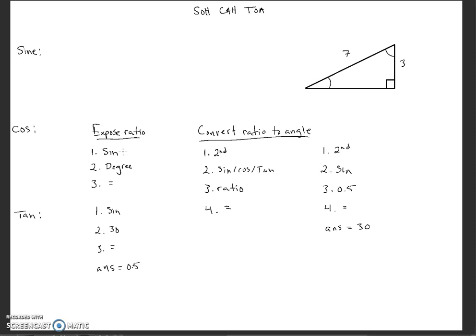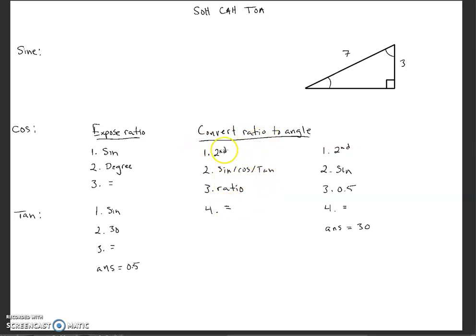you hit sine degree, so the degree, which is say 30 degrees, so you hit sine 30, and then equals, and that's going to expose the ratio. For example, sine 30 degrees equals, and then the answer will give you 0.5. If you want to convert the ratio to an angle, there's just one extra step here.